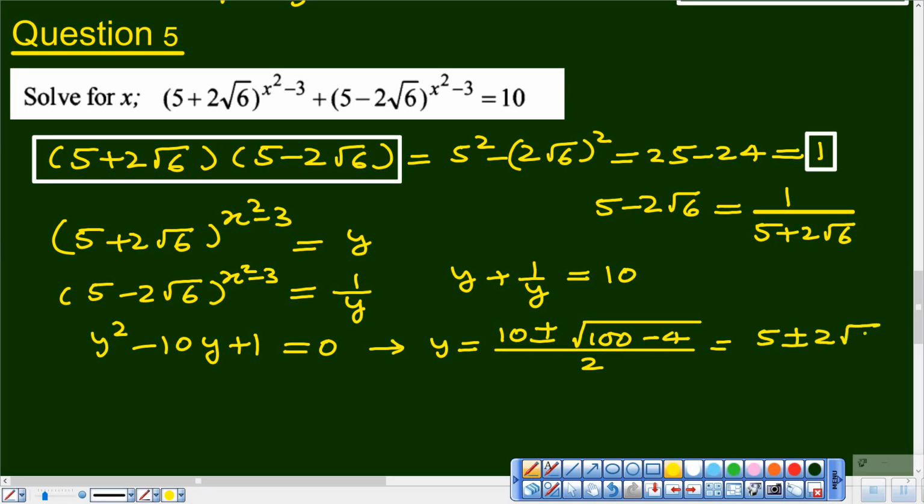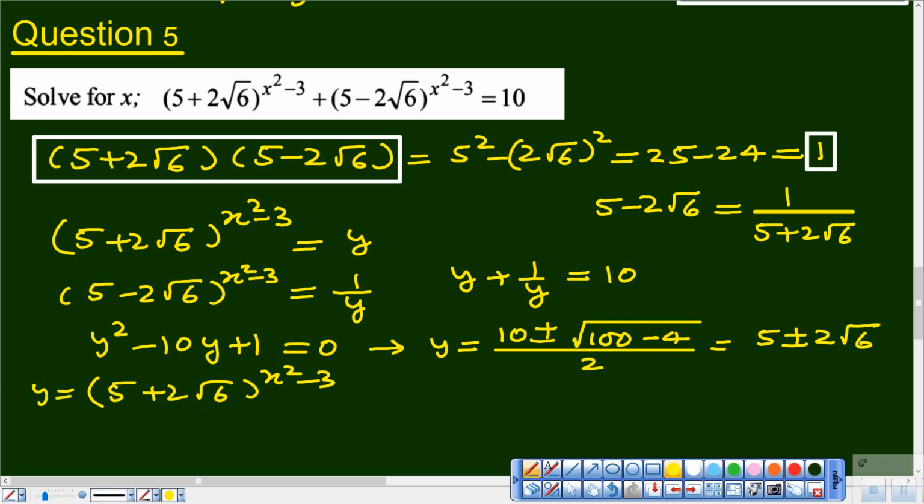What a great answer. Dear friends, now check it out. I take the first expression for y. So if I take the first root, then I can write that 5 plus 2 root 6 raised to the power x square minus 3, which was y basically, and y has two values.